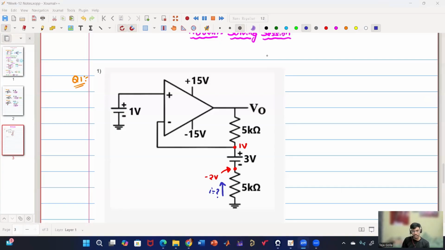Everyone agree? What are you getting? Parvatam, are you sure? Is it minus 10 amperes? How did you get minus 10 amperes?